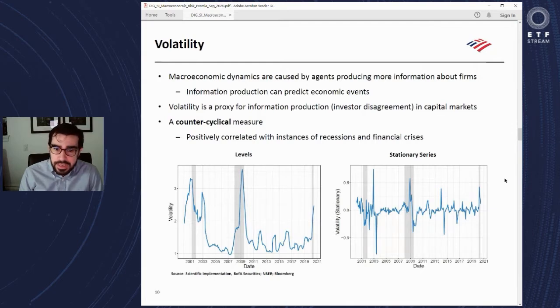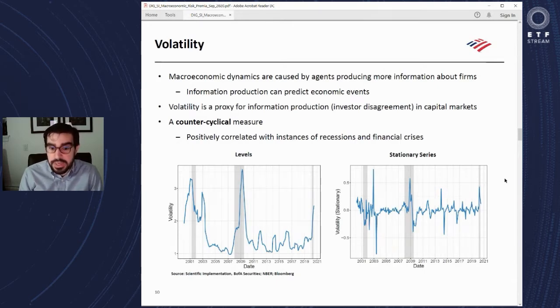So what we're looking at here is whether investors produce information or not. And we have seen that this production of information is again associated with instances of recessions, and more specifically, more strongly than fragility, instances of recessions associated with financial crisis.